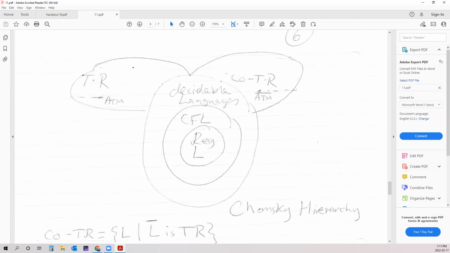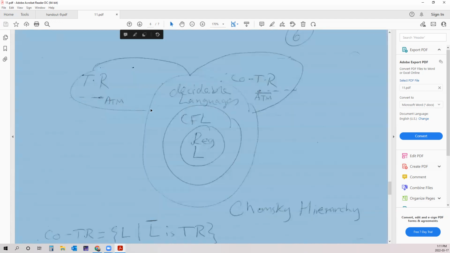So here we go back to our graph from chapter 4, or 5. Here we have the finite automata and regular languages, the context-free grammars, then the decidable languages, then at the upper level, the complement, which is Turing recognizable, and the Turing recognizable, which is ATM.